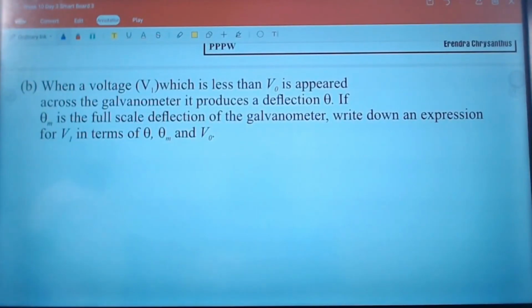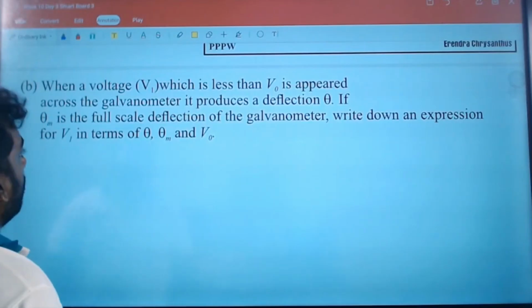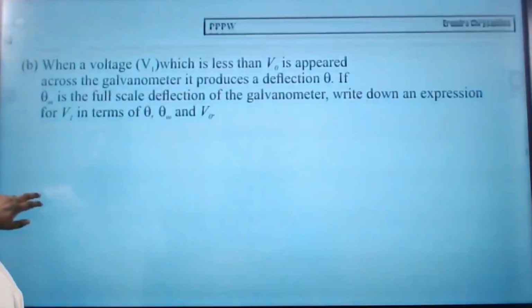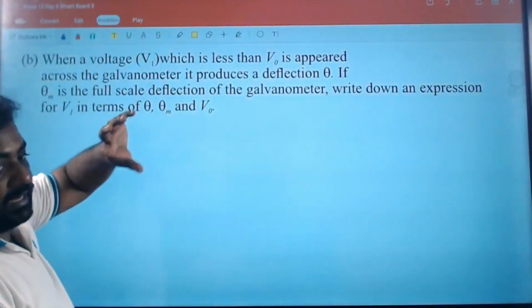When a voltage V1, which is less than V naught, appears across the galvanometer, producing a deflection theta, and theta M is the full scale deflection, write an expression for V1. All of you know it's a linear scale.